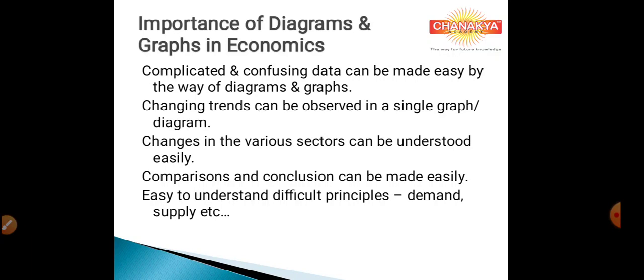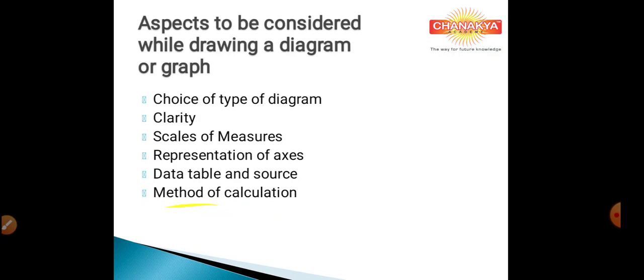With this graph, we can also observe the changing trends in the economy. All the information about the various sectors, various activities, various industries can be easily understood with the help of these graphs.